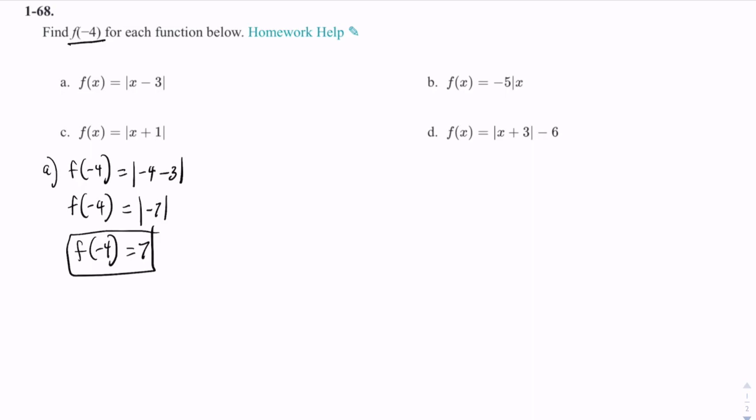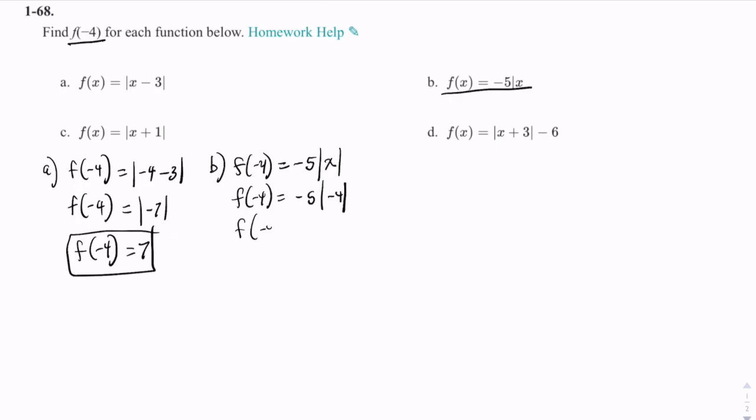For b, right, I'll do that here, f of negative 4 equals, so now we're using this equation, right? And I'm guessing that's a typo, and it's supposed to be negative 5 times the absolute value of x, right? So f of negative 4 equals negative 5 times the absolute value of negative 4.